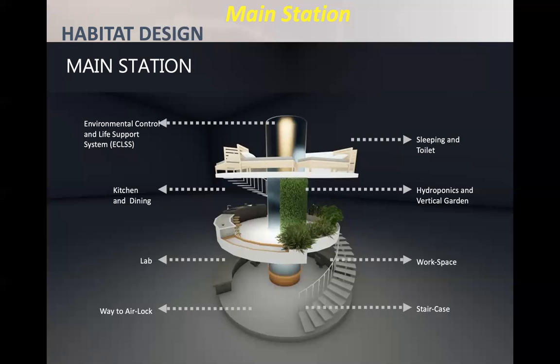And based on this, we are imagining a station for a quantity of astronauts around 26 to 30 astronauts, okay? Because we are imagining all the astronauts sleep together in the main station, and also using the other stations as necessary, okay?